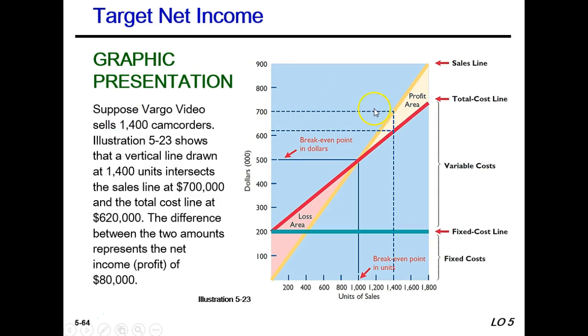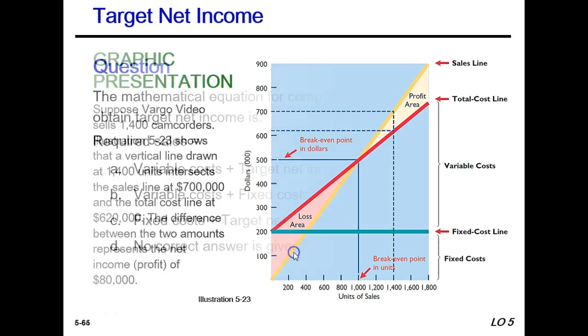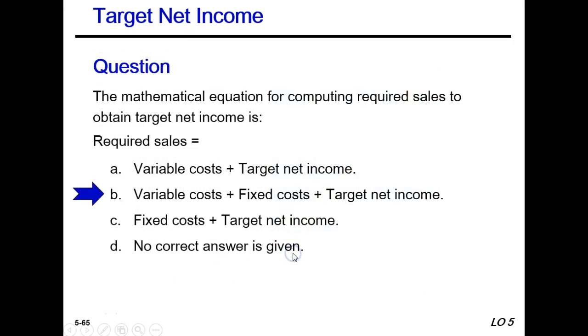See, so the sales here is 700. Here are the cost of 620. This difference here is going to be our profit of 80,000. The difference between the two amounts equal the profit.